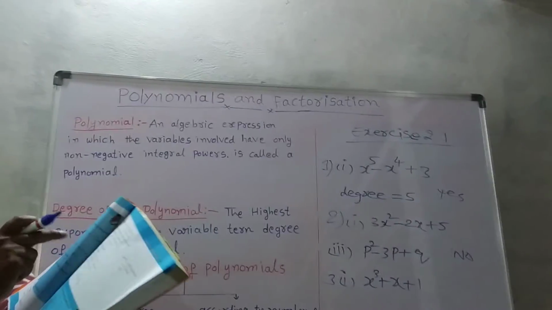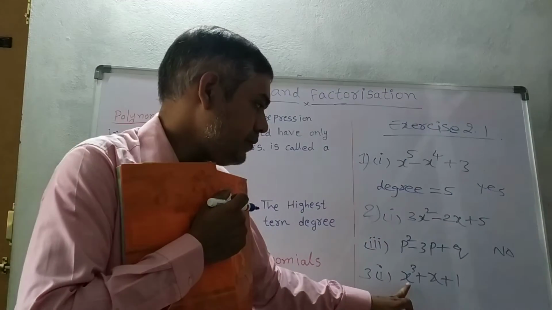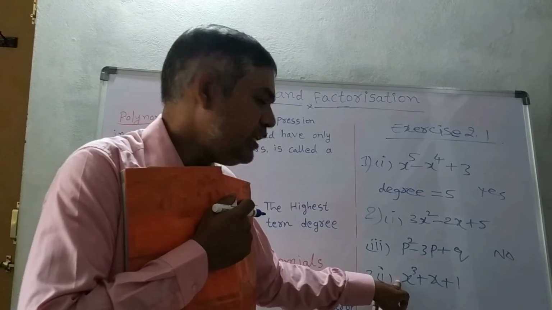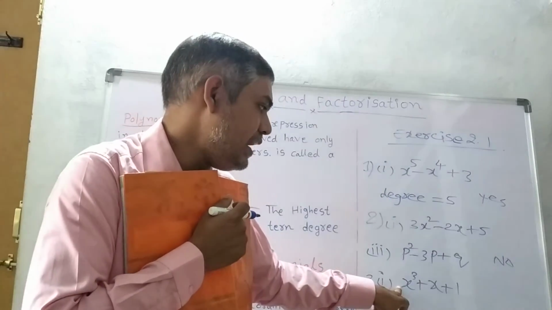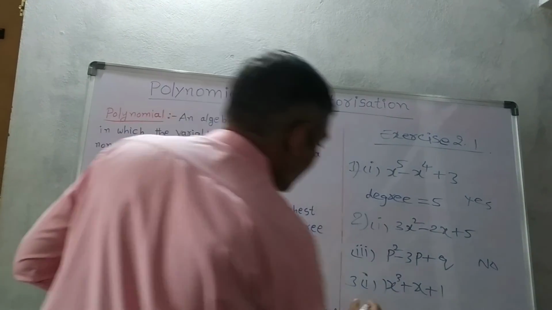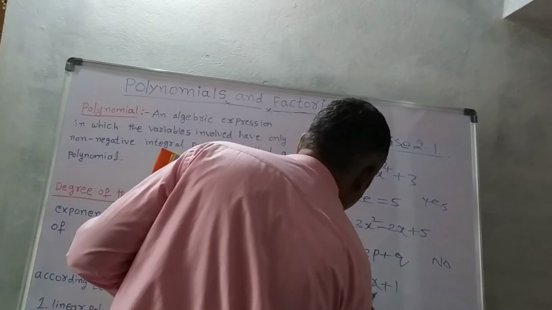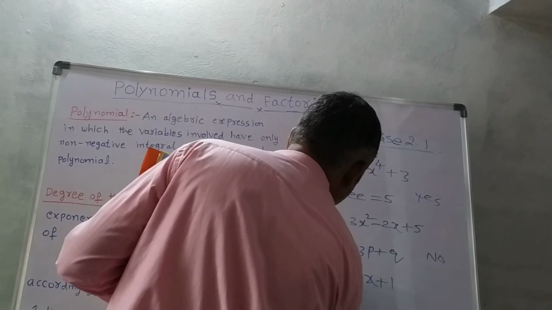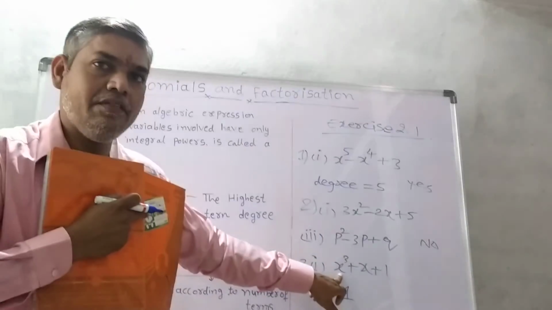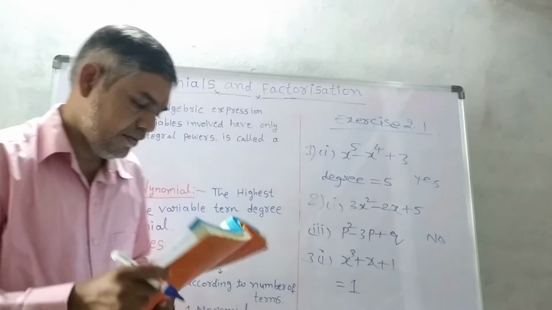The coefficient means the number preceding the variable. If there is no number in front of the variable, that means it is 1. The coefficient of x cube is 1.